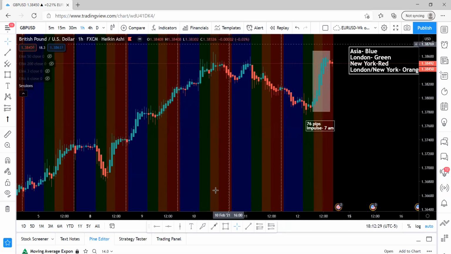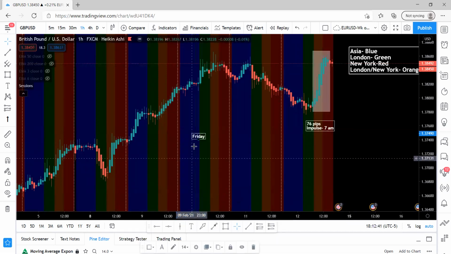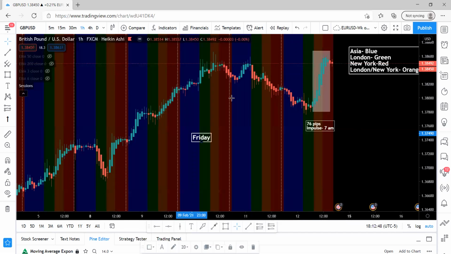And the other thing that you want to do, if it helps you, and it helps me, is I like to be very clear when I'm marking up my charts and backtesting. I like to label the days so that I know what days I'm typically looking at, because that's important as well when you're looking at what days you should be trading or what days are most profitable.